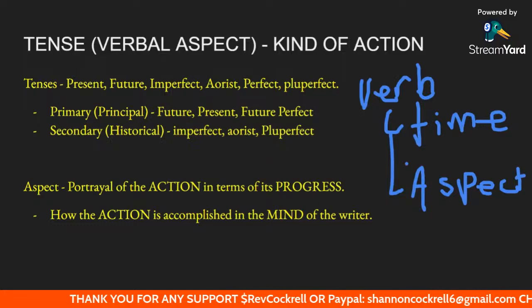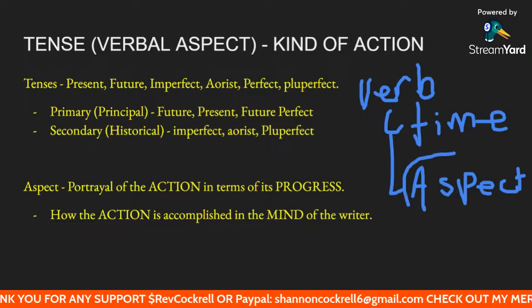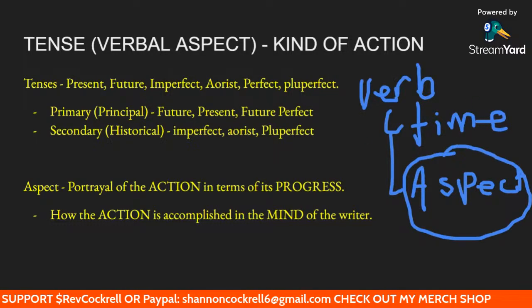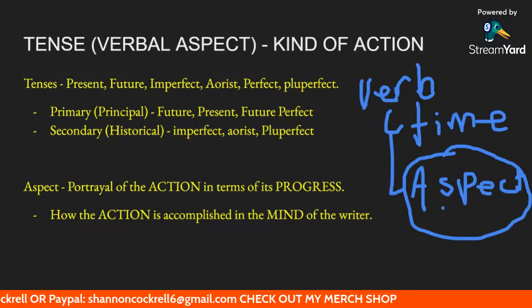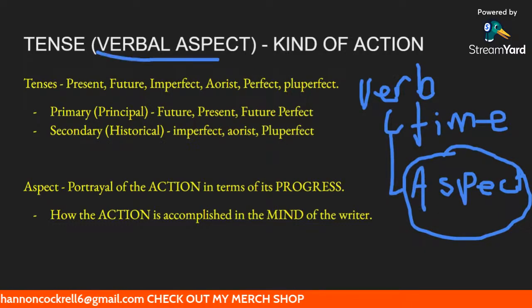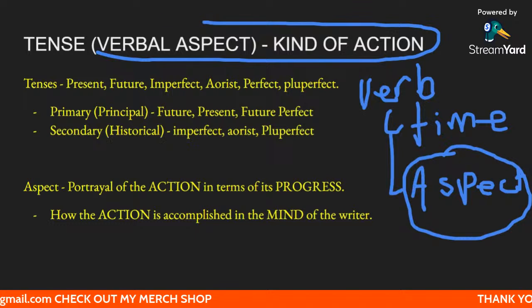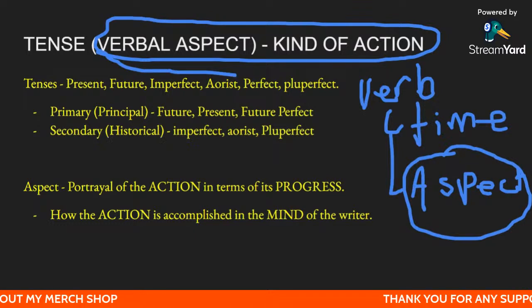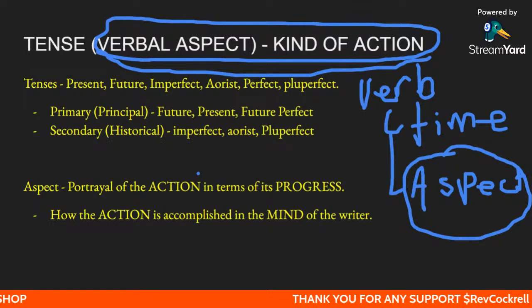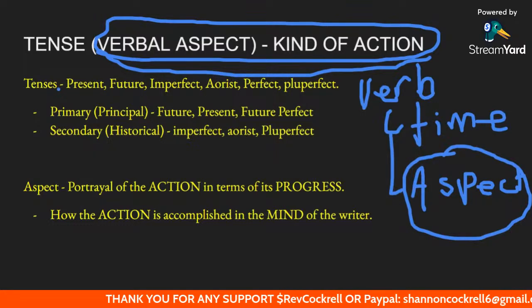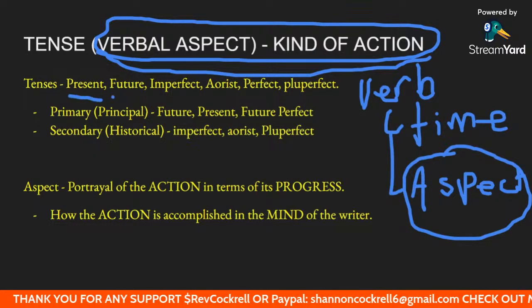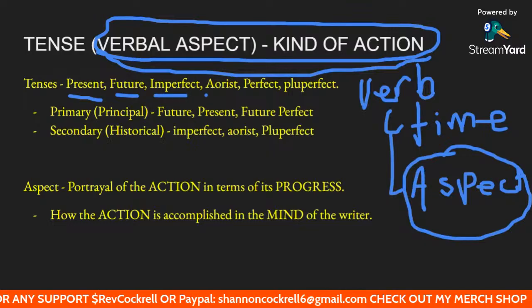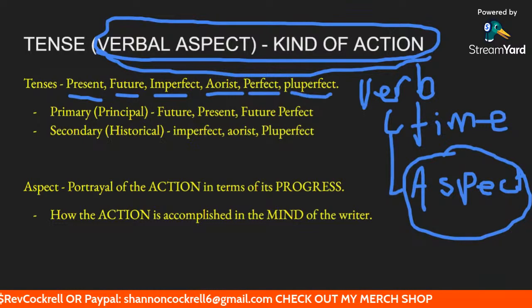But with the Greek verb, aspect is most important. Time is important, but we want to know what kind of action. The verbal aspect, or the action art, is what's important when you're dealing with a Greek verb. With your tenses, you're going to have present, future, imperfect, aorist, perfect, and pluperfect.